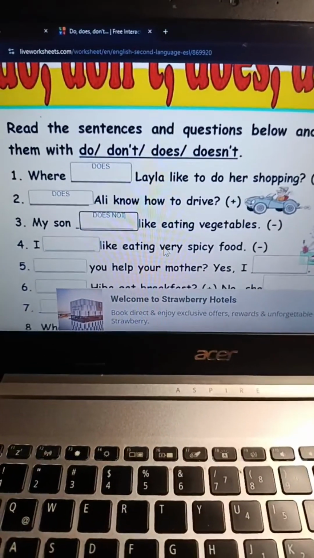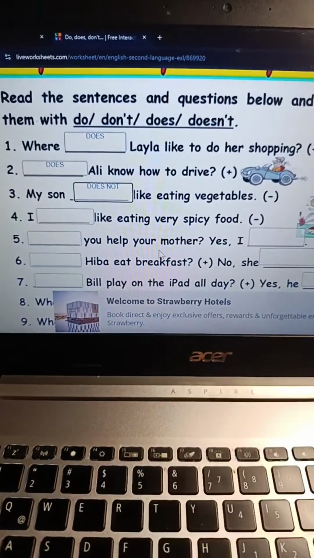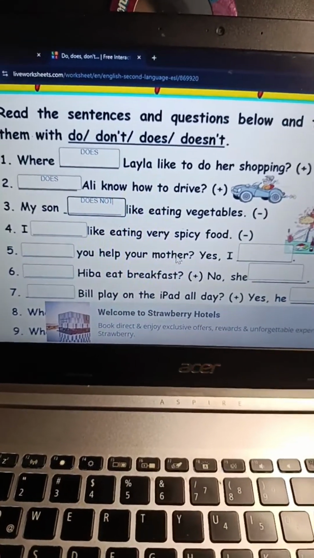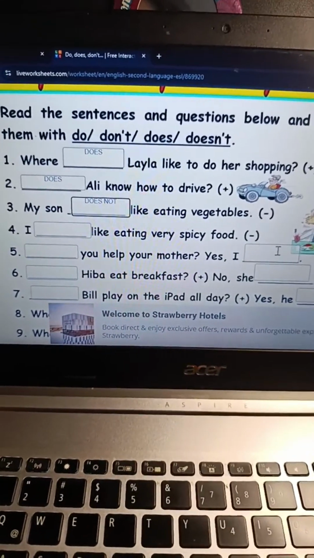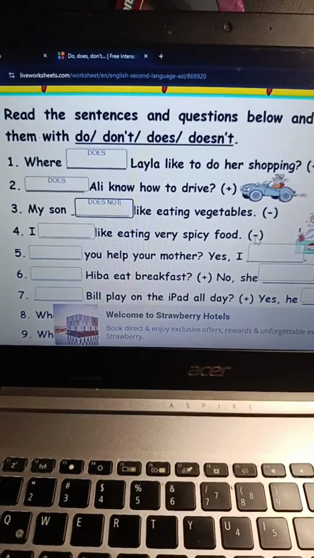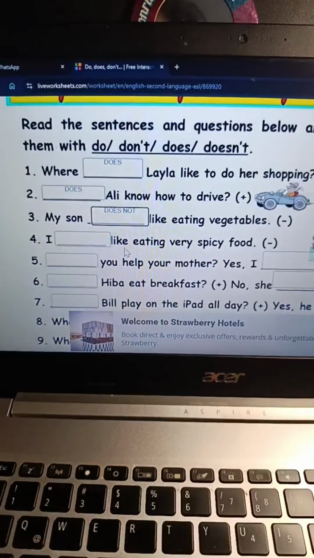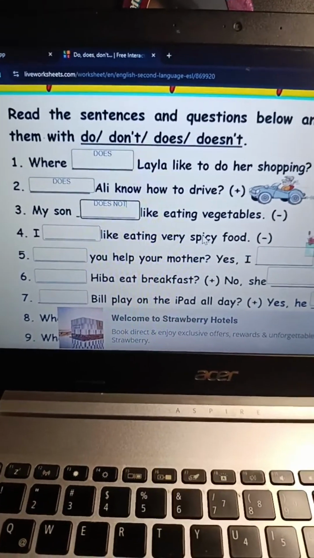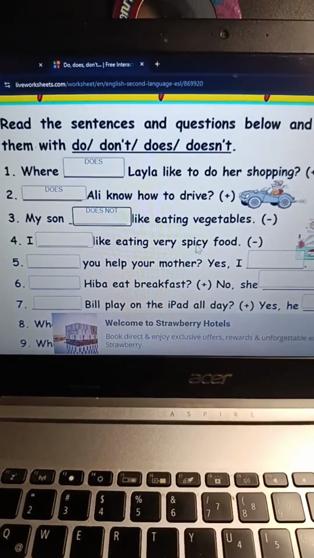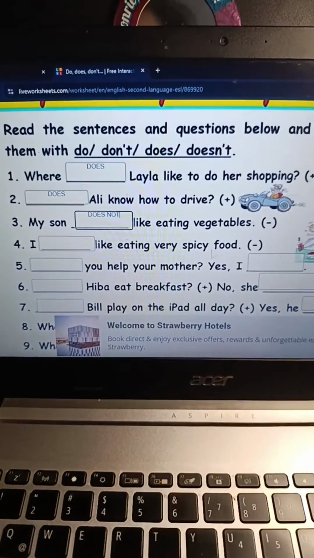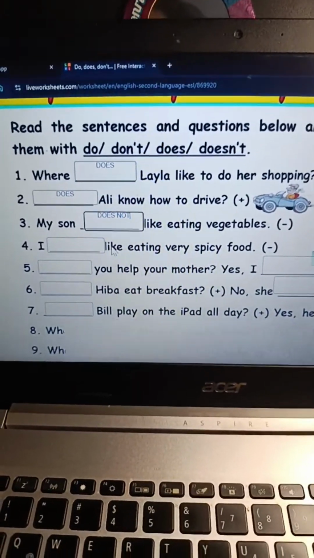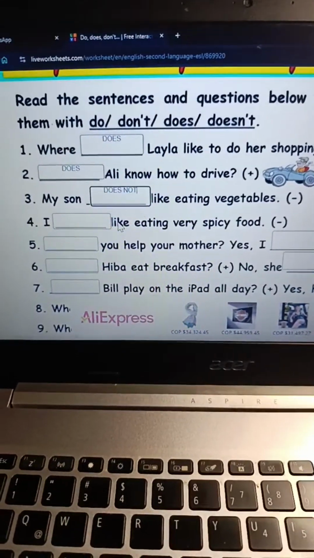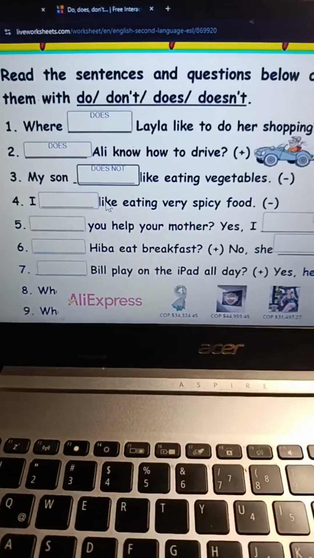Okay, let's continue with number 4. Tell me in the chat if it is clear for you. Number 4 is another negation. I like eating very spicy food. Remember that this is negation. It's not possible to say I like not. In English, we don't say that.